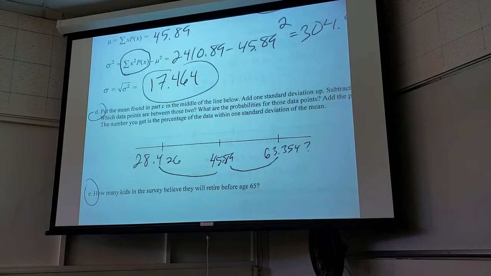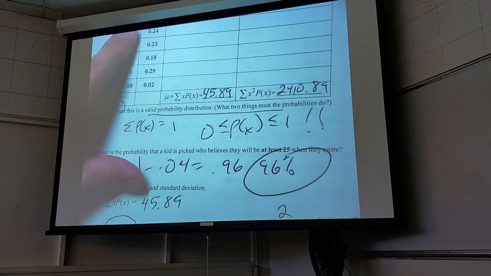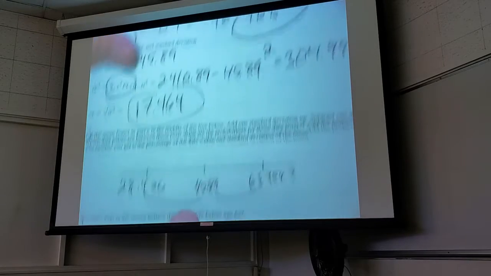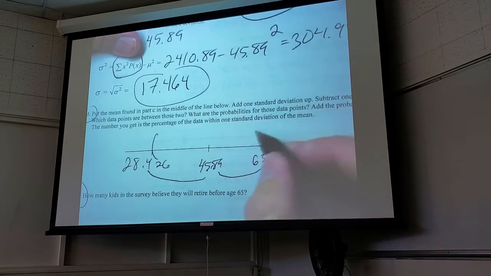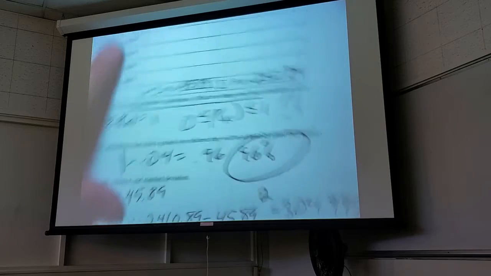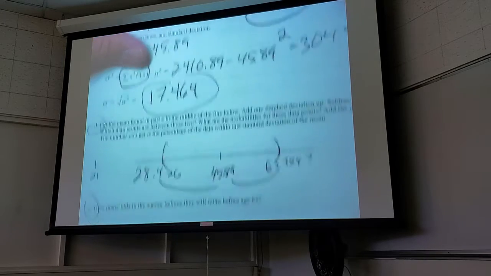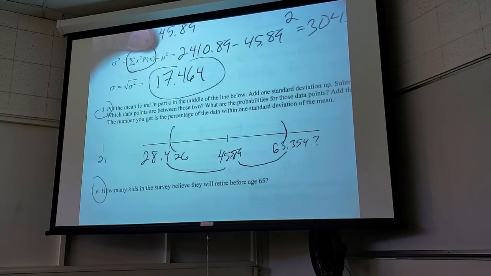So, the difference here is, can somebody tell me which data points I just caught? Did I catch the 21s in here? No, because they're down here. Did I catch the 25s? No. You guys see that?